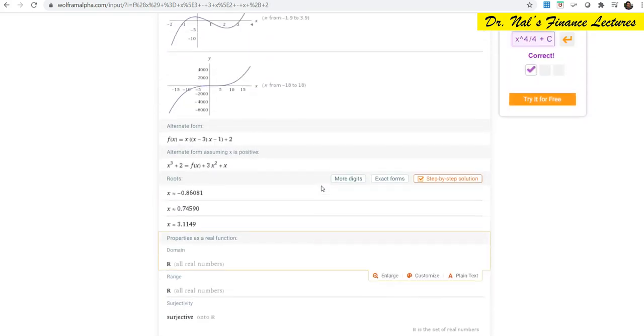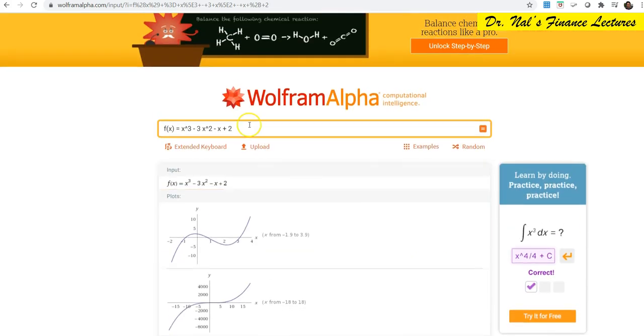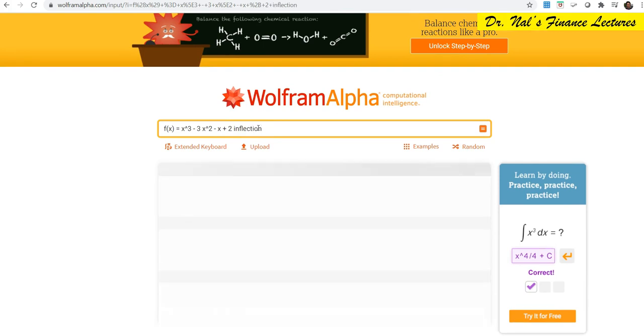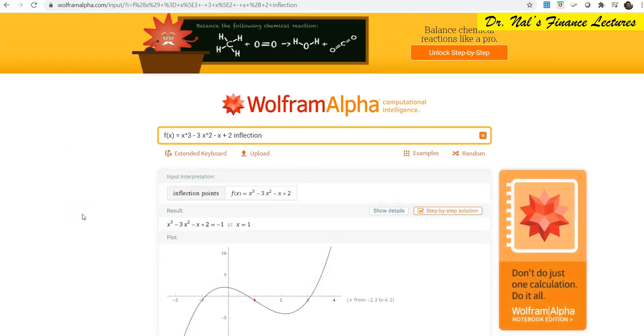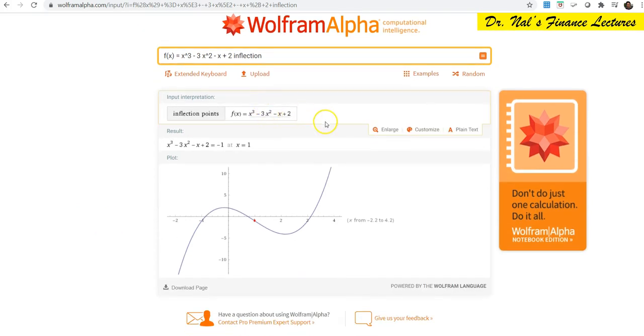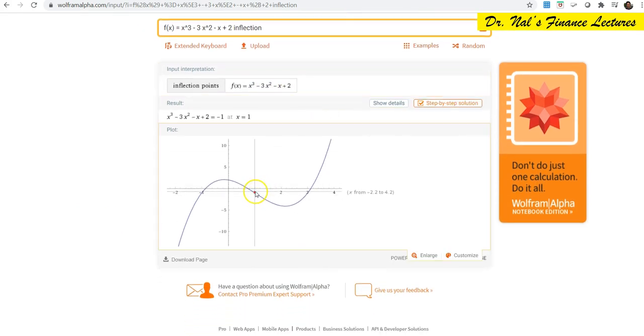It's not given here, but I can just write inflection point next to the function, and it will also give me the inflection points of this polynomial. It says that this polynomial has an inflection point. Wow, very surprising. At 1, basically, right here.